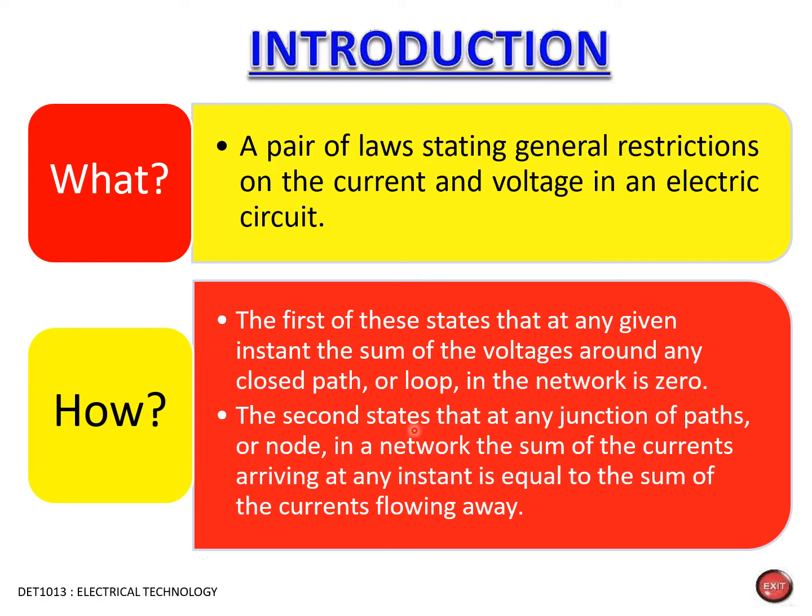And what does the second law state? The second law states that at any junction of paths. Here the first law is about the complete loop, whereas the second law is about any junction of paths, which can also be called a node. So, at any junction of paths or nodes in a network, the sum of the currents arriving at any instant is equal to the sum of the currents flowing away.